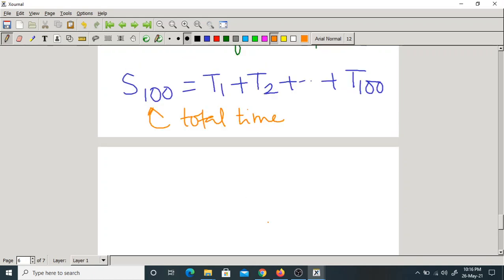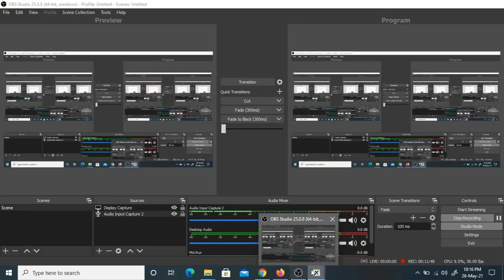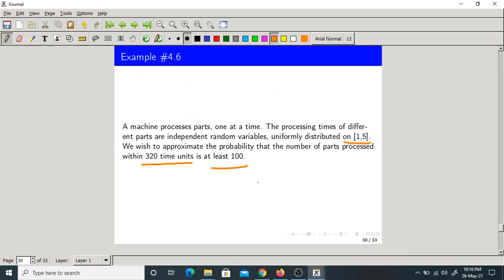Now in the question, what are they asking? Find the probability that the number of parts processed within 320 time units is at least 100, which means to process 100 parts, how much time should you take? 320 units at most. This should be the probability we have to find out.